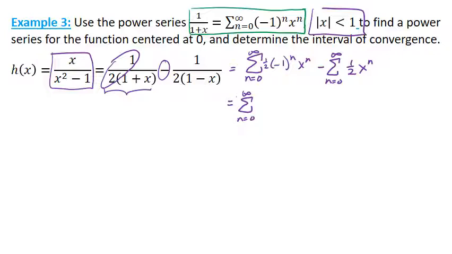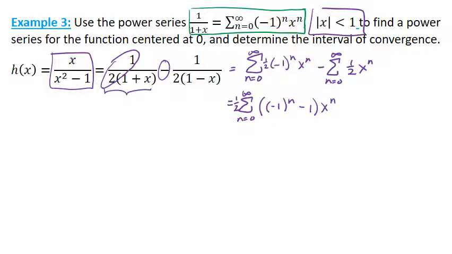And I can now move that 1/2 out in front since it's common to both of these. And then I will do the following. This becomes -1 to the power of n minus 1 times x to the power of n. And that's just taking out a GCF.